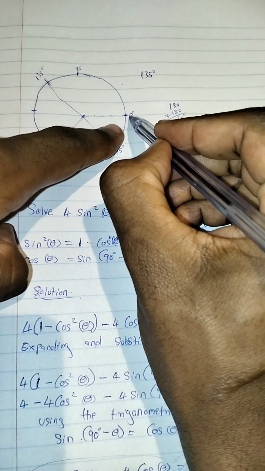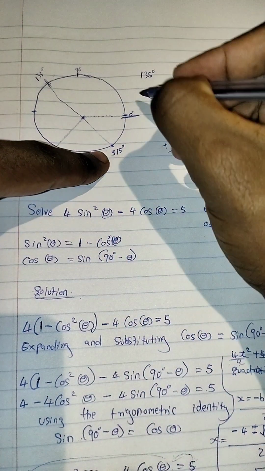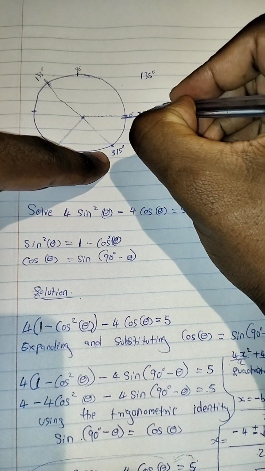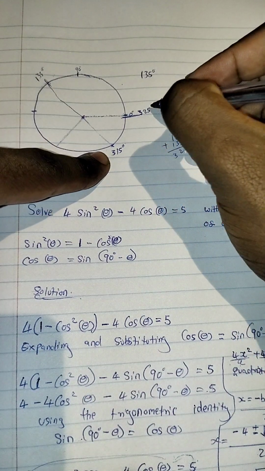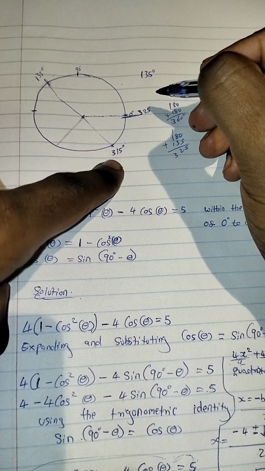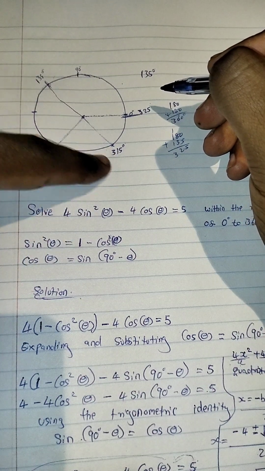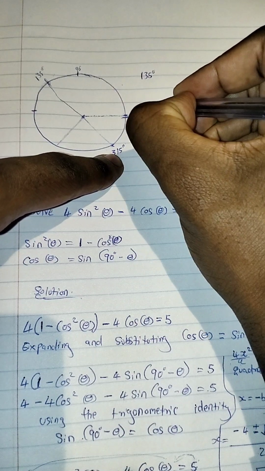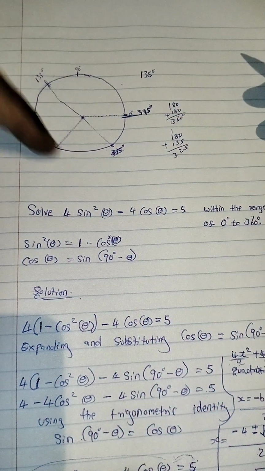So my learner, it will be at this position, where it will be my 315. So my 315 is going to be a learner like that, as I've just shown to you.